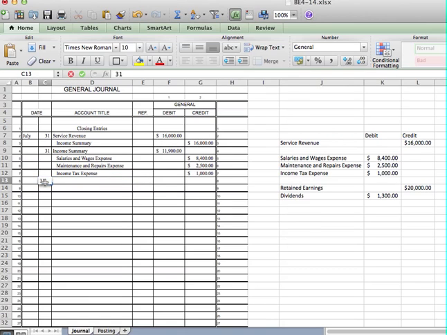So we'll do the 31st. Debit income summary. Indent.